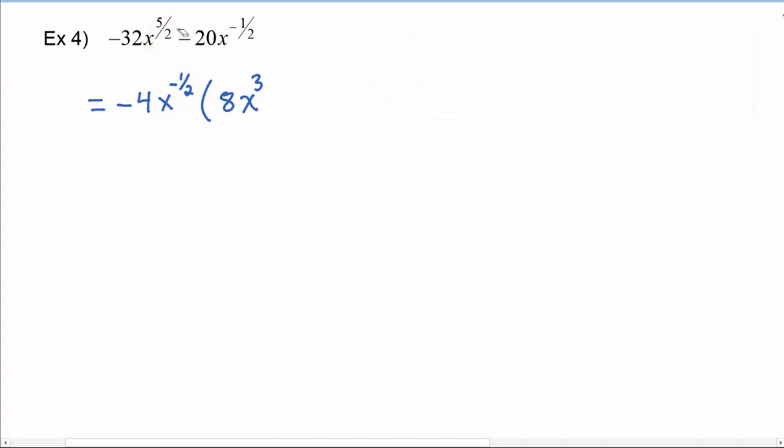Now here we have a minus 20 divided by a minus 4, so that's going to be a plus 5. And x to the negative 1/2 divided by x to the negative 1/2 is 1.